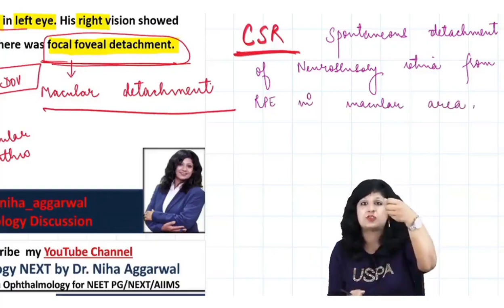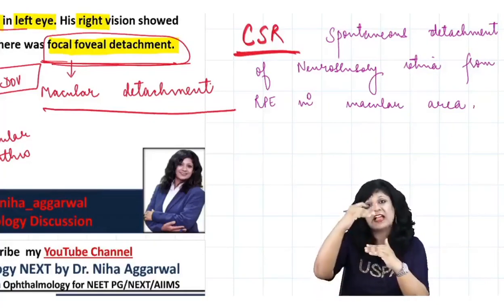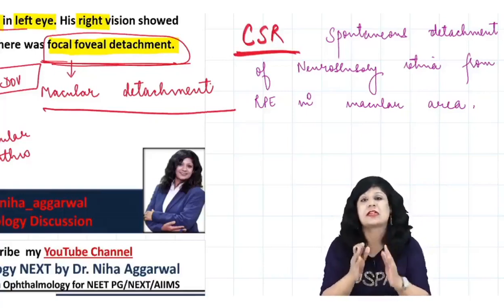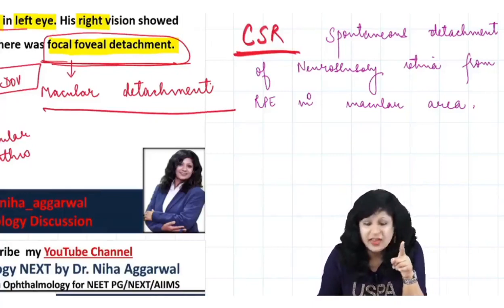That is called as central serous retinopathy. So if there is a detachment of this neurosensory retina from the RPE layer in just the macular area, that is called as CSR. Now what are the risk factors?